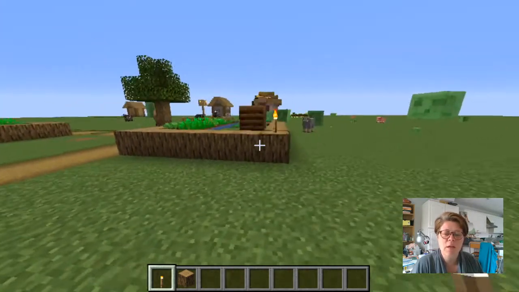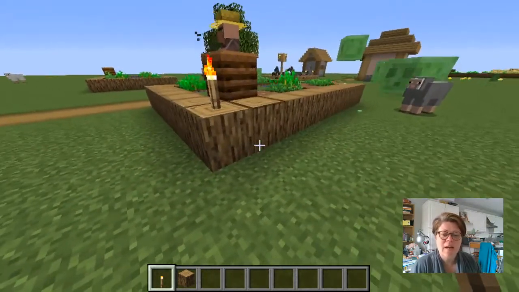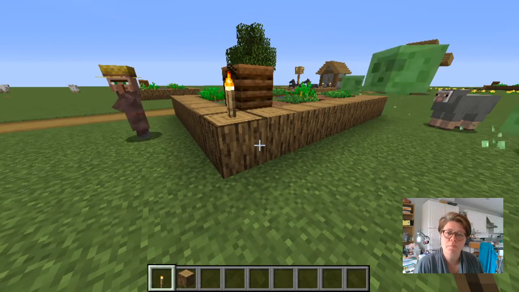Okay, so when I went around the perimeter of this shape, I counted 32 blocks, okay?